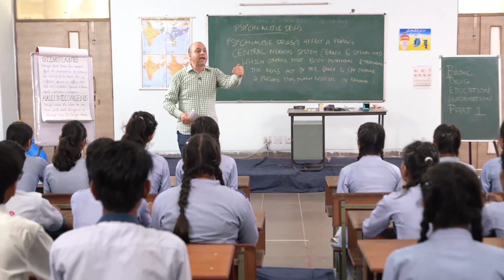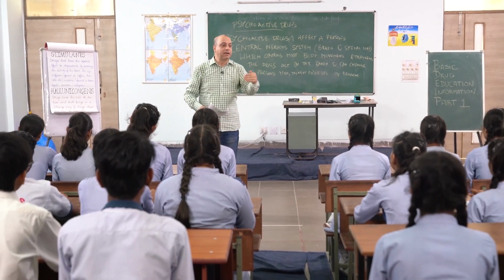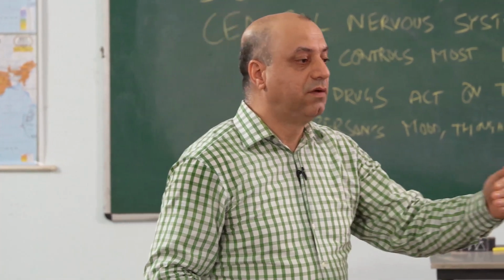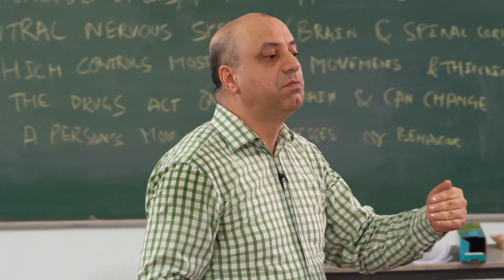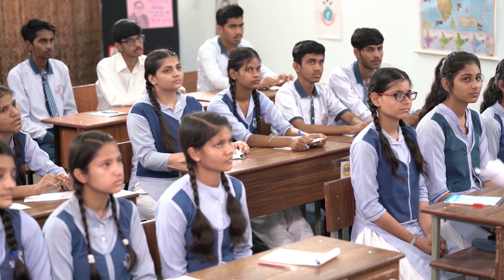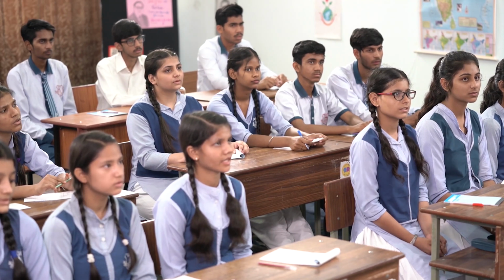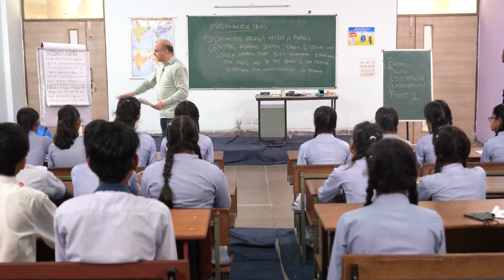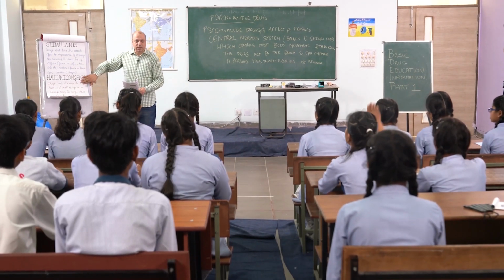Not the kinds of drugs, types of drugs. There are a lot of types of drugs with different names which may come in any of those categories, but they are not types of drugs. We are talking about categories of psychoactive drugs.